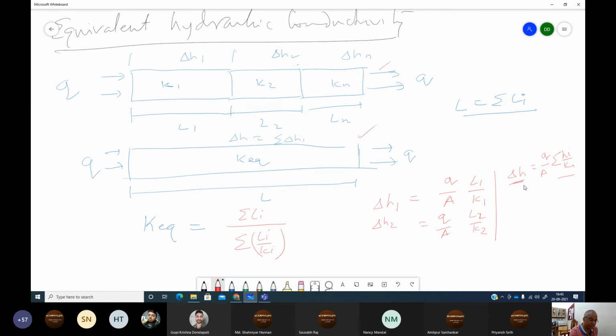And from the second drawing, you are getting Q by A, summation of Li, because it's the total length, by K equivalent. So now these two are equated, Q by A cancels, so K equivalent will be summation of Li divided by summation of Li by Ki. Now can you find out what will be for the radial one?